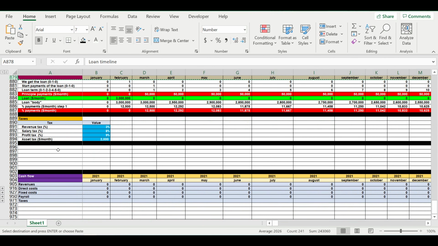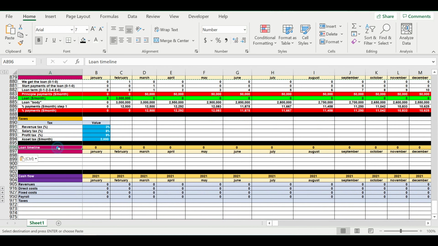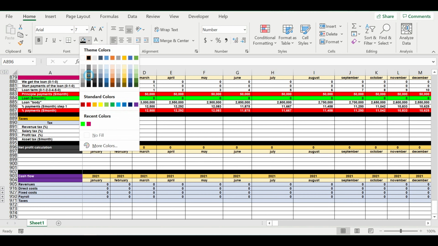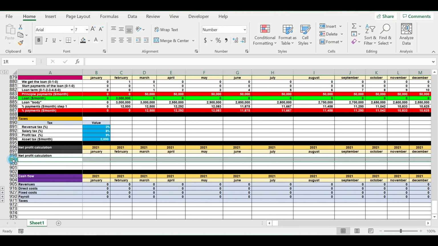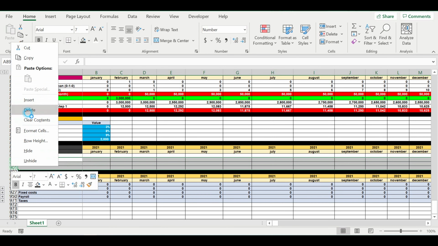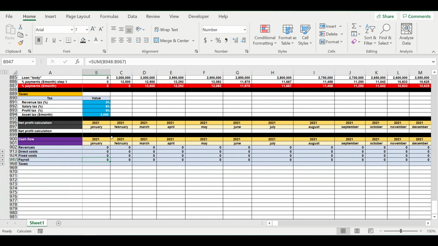So here we will create the line for net profit calculation. We will get back to net profit calculation a little bit later.